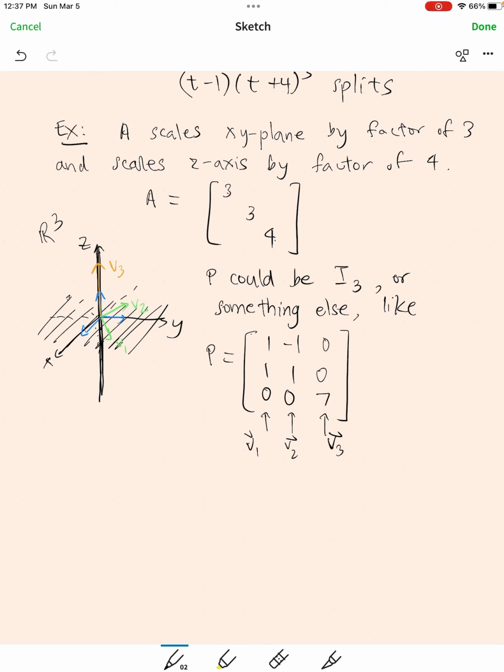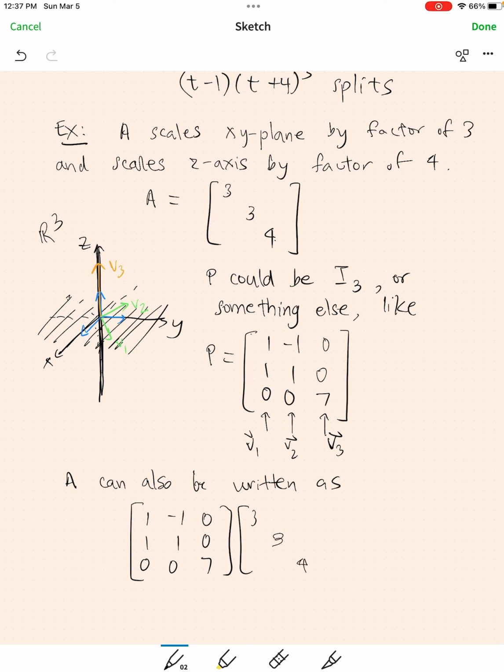So A can also be written as the matrix with columns 1, 1, 0, negative 1, 1, 0, and 0, 0, 7, times the diagonal matrix 3, 3, 4, and then this matrix inverse.